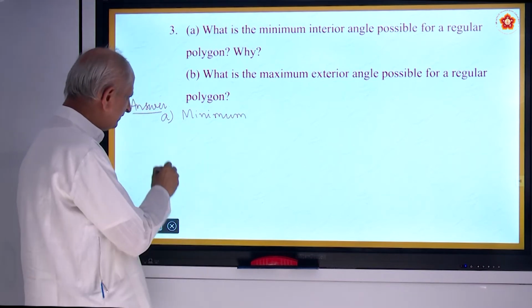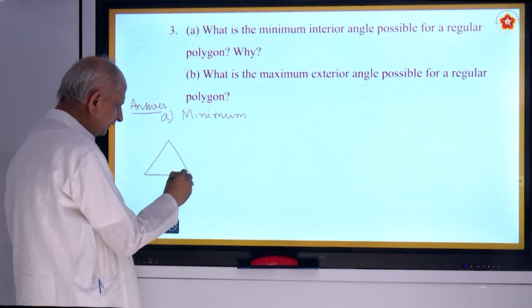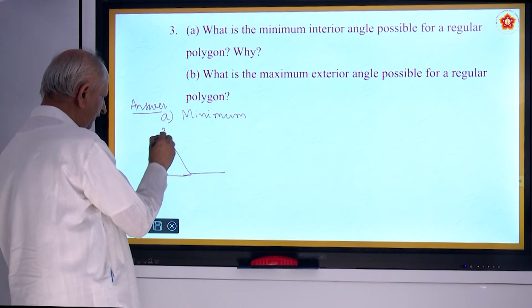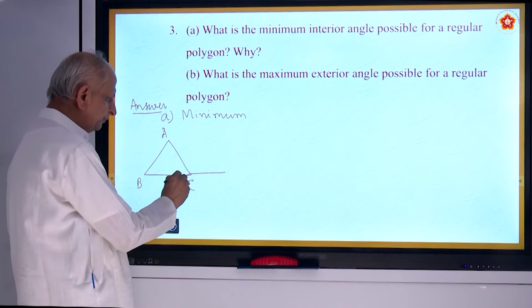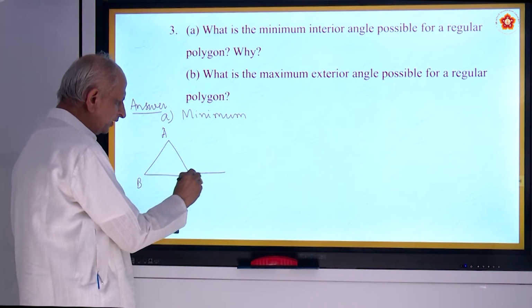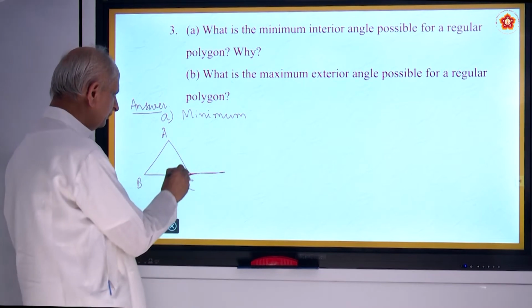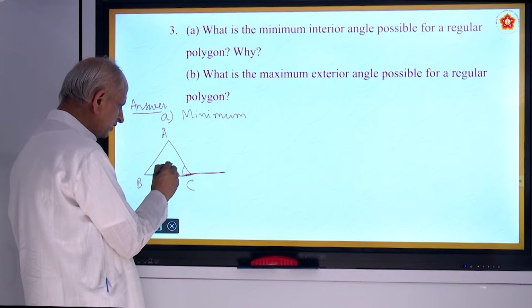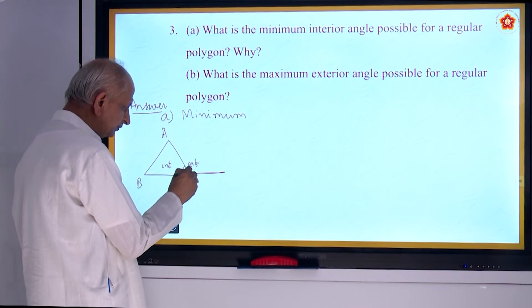I think you know what is meant by interior and exterior. I'll just clarify once. Suppose a triangle here, ABC. Here, when you produce one of the sides, I am drawing a rough figure here. So when you produce one side, what you get inside is called interior angle. What you get outside is called exterior angle.